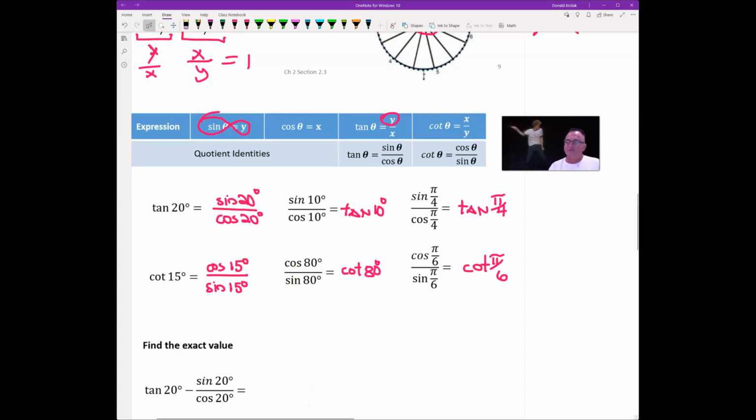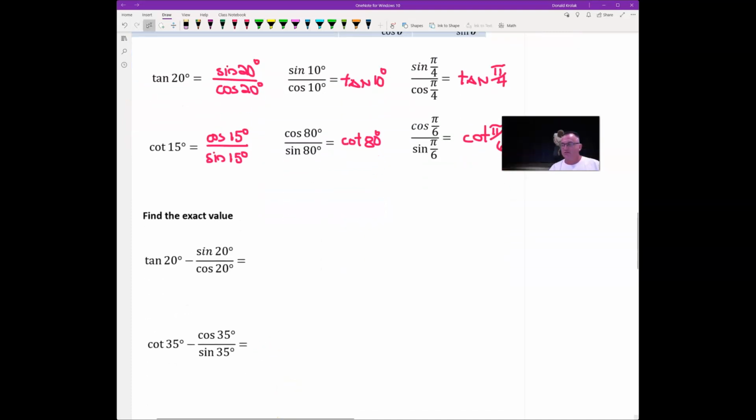So sometimes we have to rewrite expressions so that we can do stuff with them. One way of rewriting a tangent is rewriting it as a sine divided by a cosine, and rewriting a cotangent as a cosine divided by a sine. So if we look at these last two examples here, these are really the same thing.